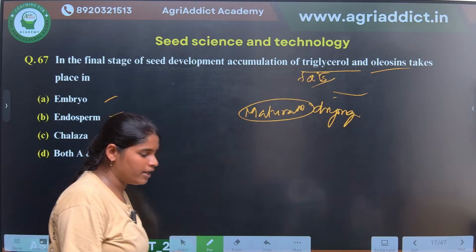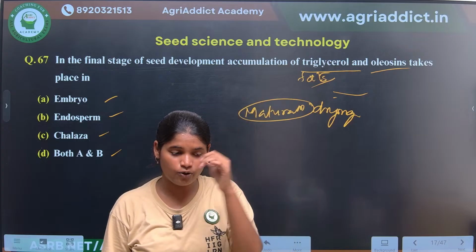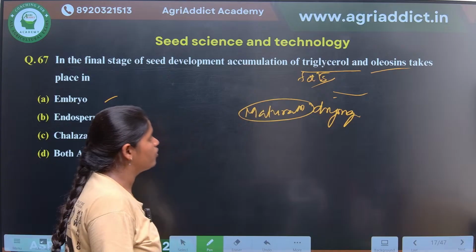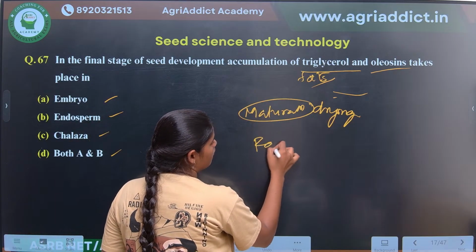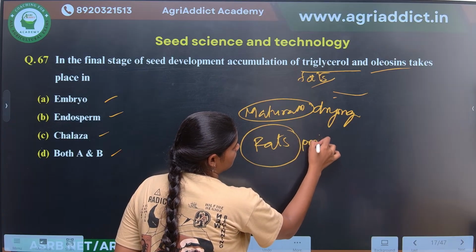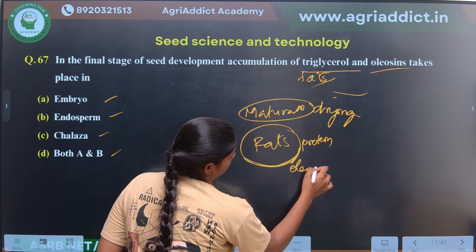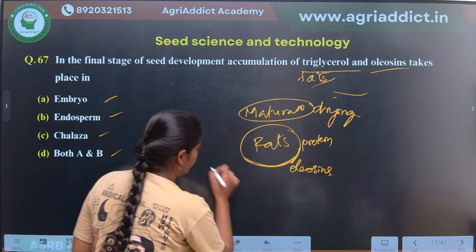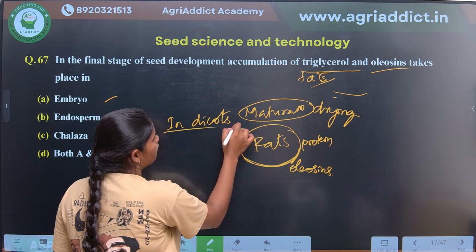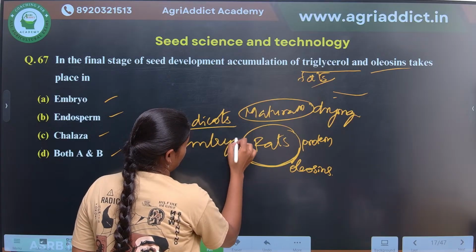The seed will accumulate all the materials like carbohydrates, proteins, fats, and all, so that during germination and during dormancy it can survive. So these triglycerols are fats, and what are oleosins? Oleosins are fat-covering proteins which are present on the outer layers of these fats. So in dicots, where do you find fats or oils? Majorly in the embryo.